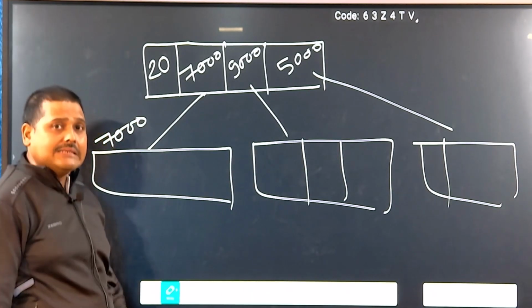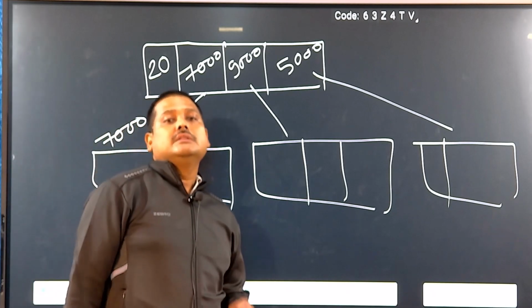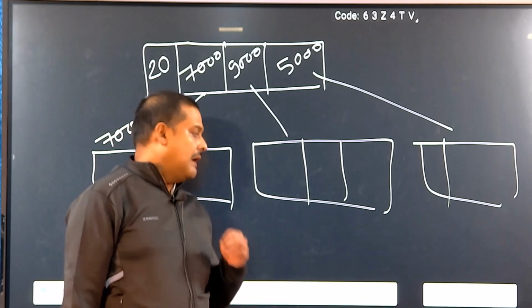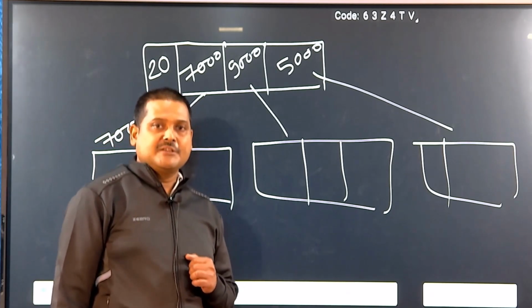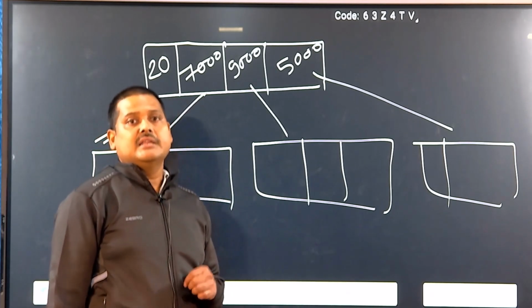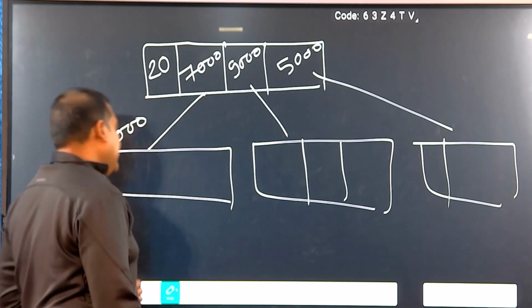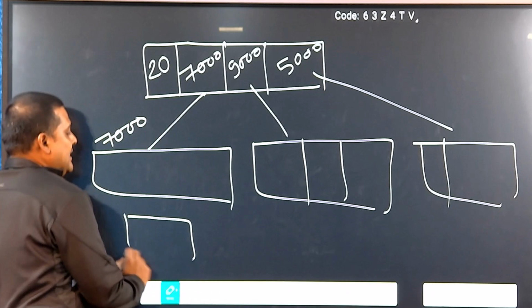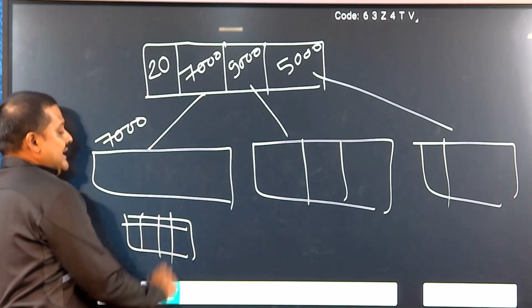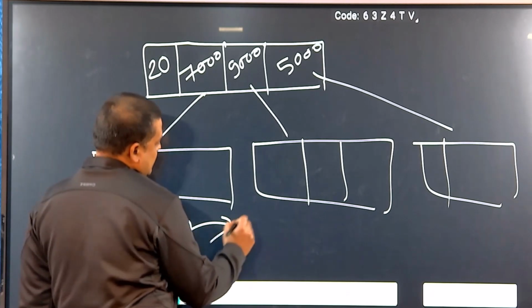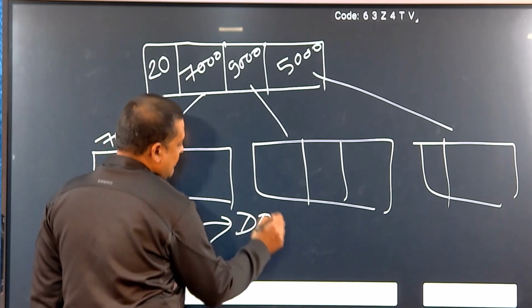What are the applications? The application of this tree data structure is huge in our database management system, where we store the data physically in our secondary storage. How the tables are actually stored physically in a database, in that case we have huge applications.